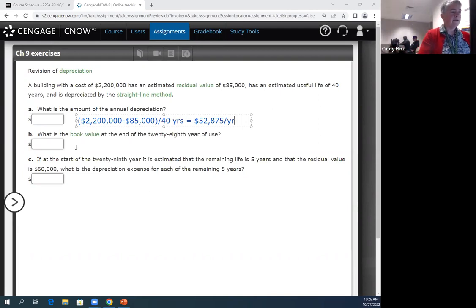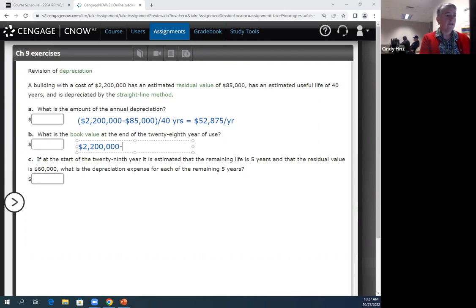And so at the end of the 28th year, we'll assume that all 28 years, in other words, the first year was a full year. So we talked about last class that if we do not put that asset into use in the first half of the first month of the year, we would need to prorate depreciation, record partial year depreciation. We saw last class how to do that. I think it was in exercise 5.